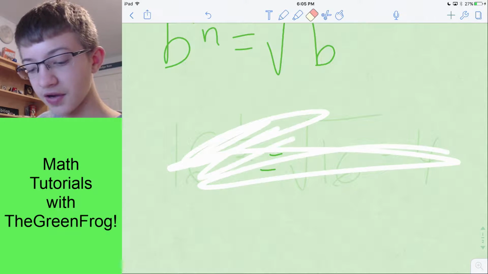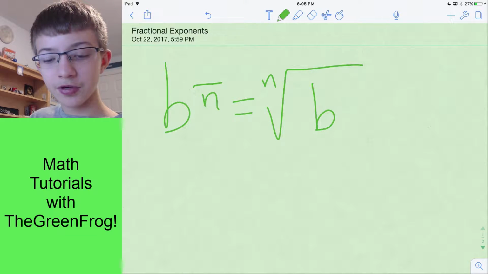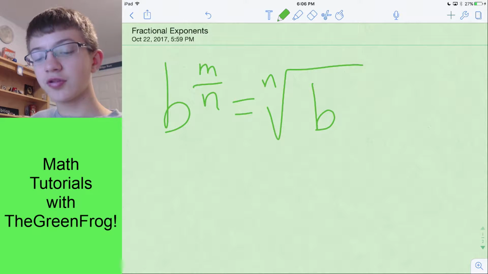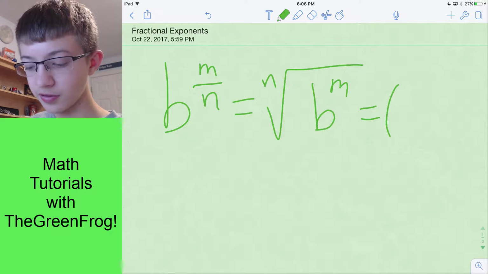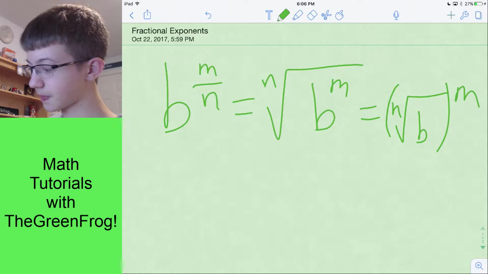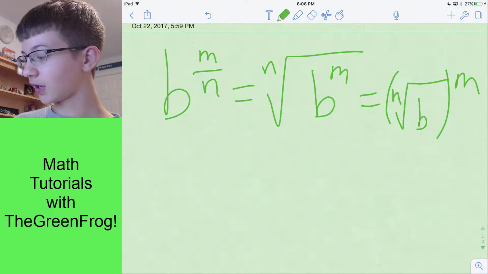Now, if we extend this a little bit, instead of an n, we're going to put an m there. Now, there are two things we could do. We could do this, or we could do this. And I'll explain both those in a second.